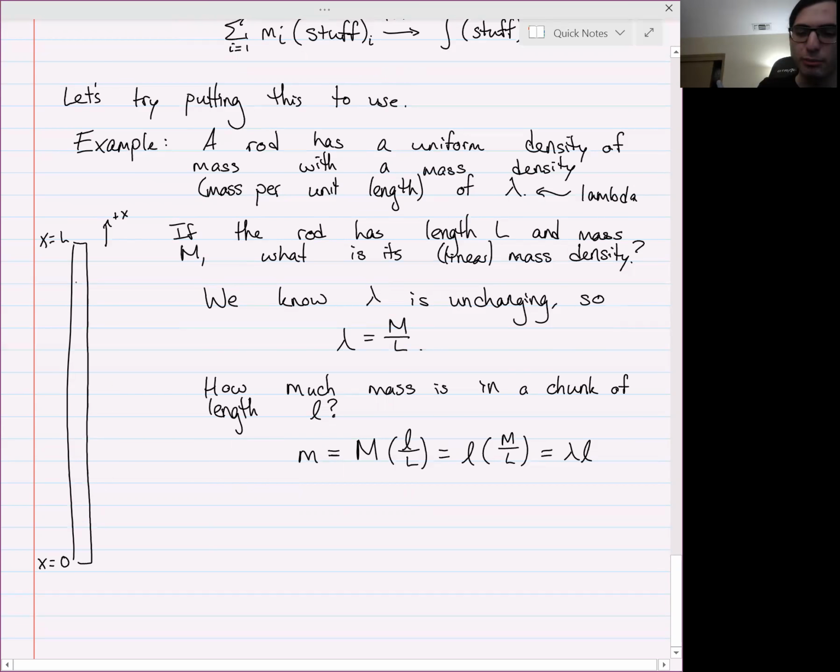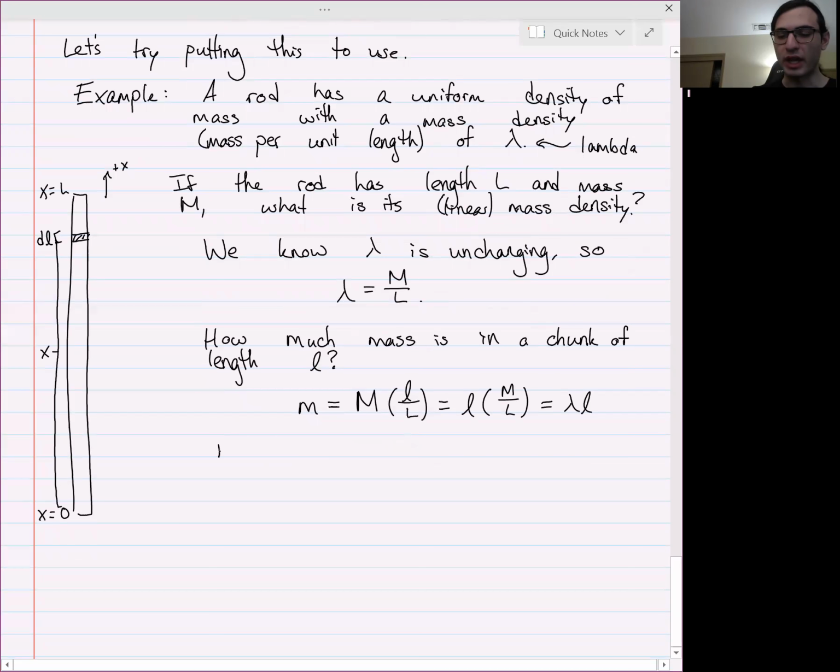And so if we just look at a small chunk of that rod, of say mass dm, at position x, so this distance might be x here. That length, let's call it dl, sorry. It's just a really small length of rod.